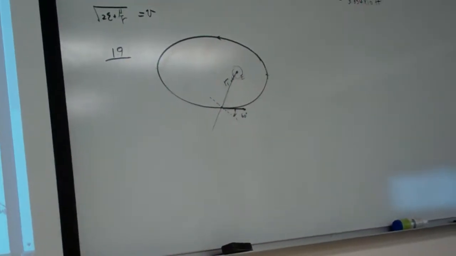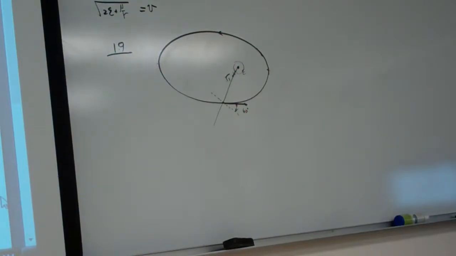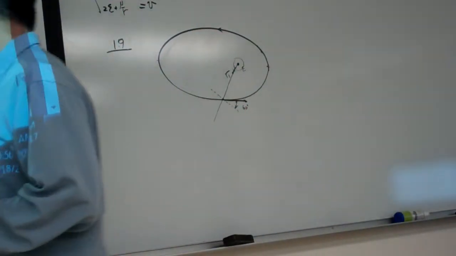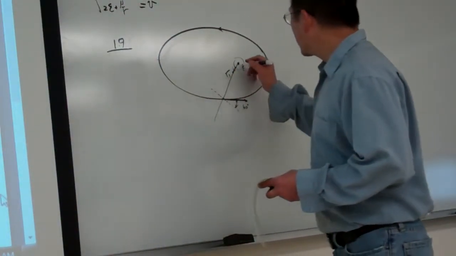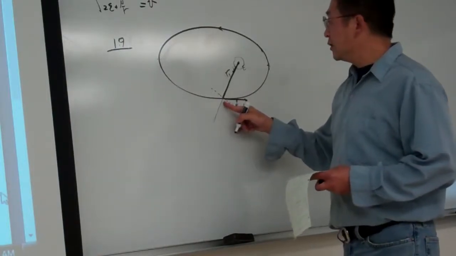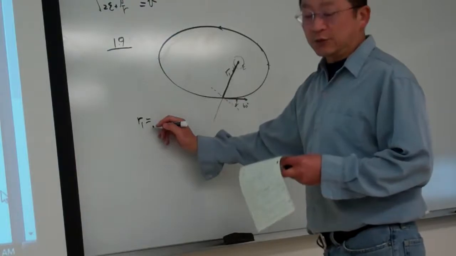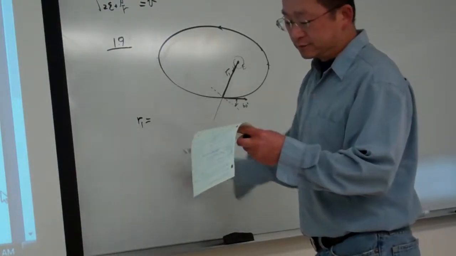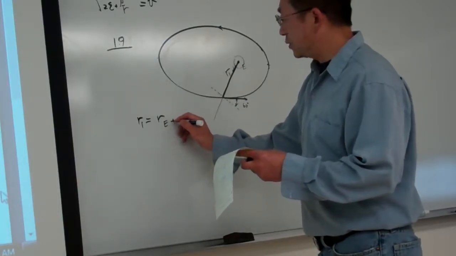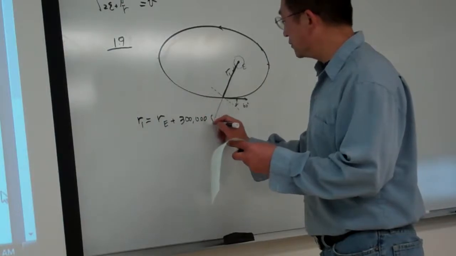So basically it's saying that at that position, the space vehicle is at this altitude above the Earth's surface. So from here we can determine R1. R1 is this location from the focus to where it is. So basically that is the altitude plus the radius of the Earth. Radius of the Earth plus 300,000 feet.